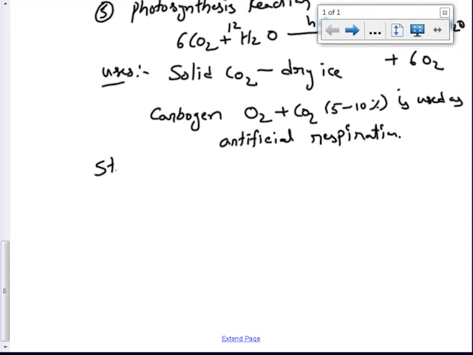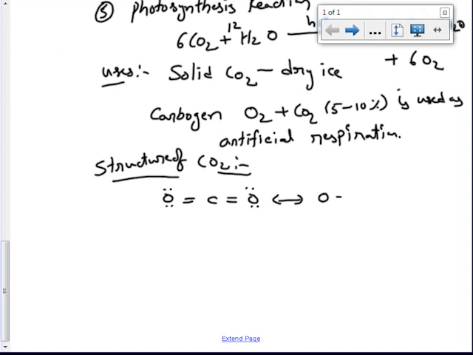Structure of CO2. Everybody knows CO2 is O double bond C double bond O, with lone pairs on the oxygens. Now I am going to write the resonating structures: oxygen, carbon and oxygen, with double bonds, this is minus, this is plus, and this is minus.